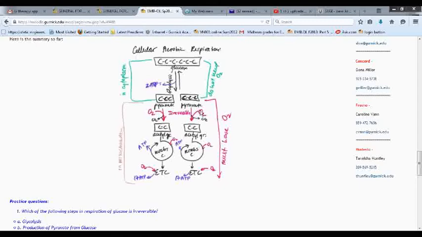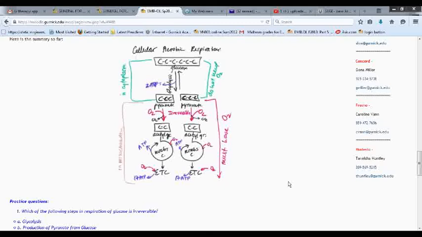The rest of it, from pyruvate and on, is happening in the mitochondria. You need oxygen to move on from pyruvate all the way through the Krebs cycle and electron transport chain. You need oxygen, and that happens in the mitochondria, and that's where you produce most of your ATPs.